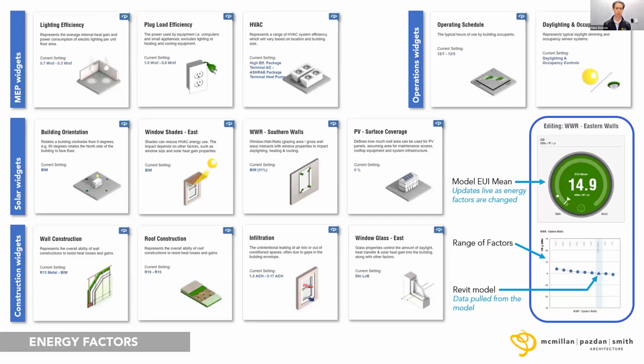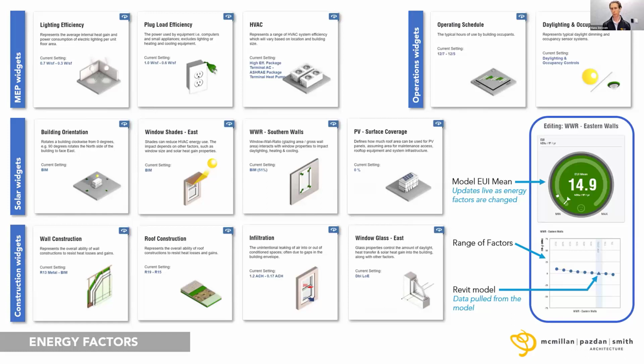So within each one of these cards, you'll see your EUI mean of what your building's energy performance is going to be, the range factor, once again, that graph, and then you'll see that triangle. It might be a little bit hard to see on my screen right now. That represents where the Revit model is currently at.